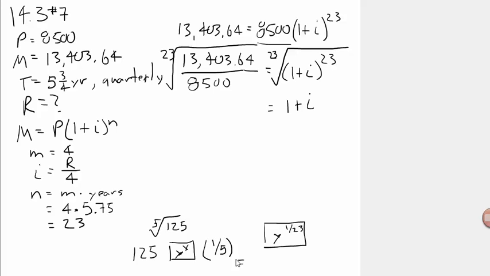And let's see, I'm going to try it on my calculator: 125, and then my y to the x button, and left parenthesis, 1 divided by 5, right parenthesis. 0.2 shows up, and I hit equal, and I end up with 2.63, which means if you take that by itself 5 times, you get 125.